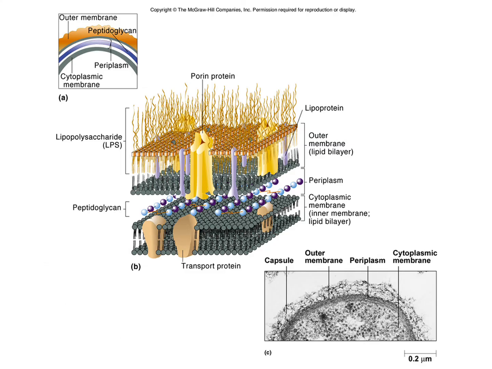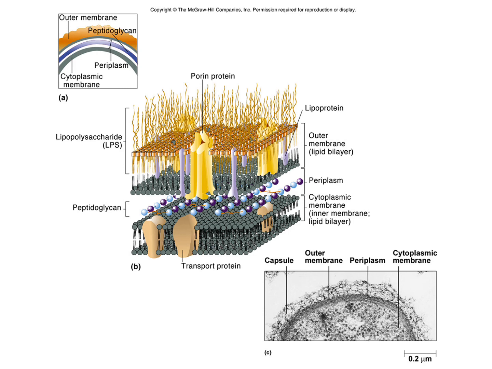This is another excellent diagram where you can see the difference between this and a gram-positive bacteria. In this gram-negative bacteria, you can see that outer lipid bilayer membrane. And then you have peptidoglycan, a very thin amount, very thin layer, sandwiched between the inner plasma membrane.